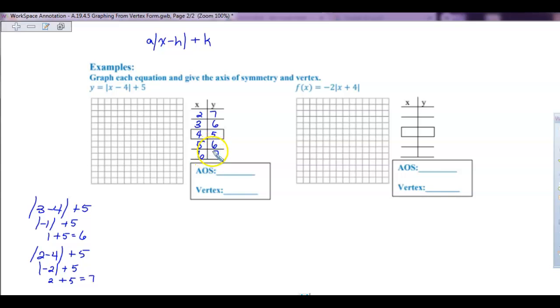My axis of symmetry is my x value, which is 4, so x equals 4, and my vertex is at 4, 5. When graphing this, I can see that the vertex is well above the origin, and also everything is positive.